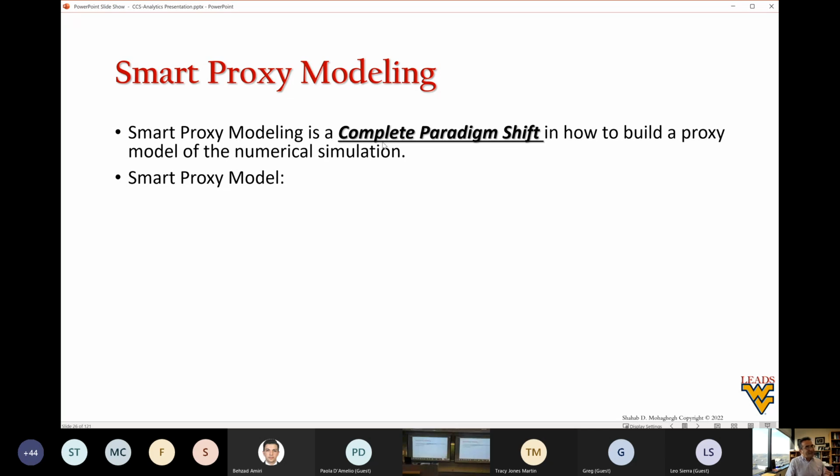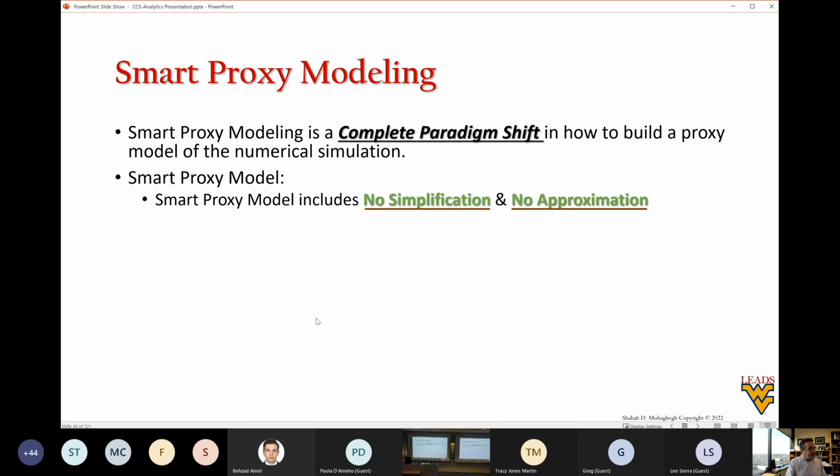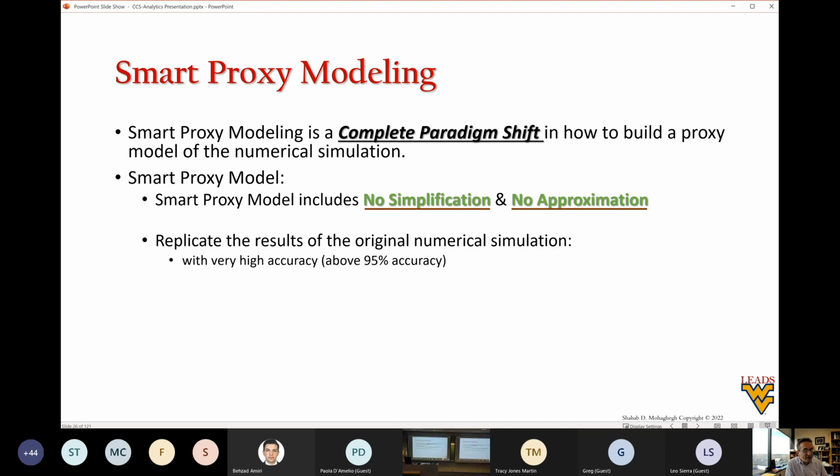Smart proxy model is a complete paradigm shift in how to build proxy models of the numerical simulation. The proxy model, these are the keywords, folks, includes absolutely no simplification of numerical simulation and no approximation of the numerical simulation. It replicates the results of the original numerical simulation at very high accuracy.